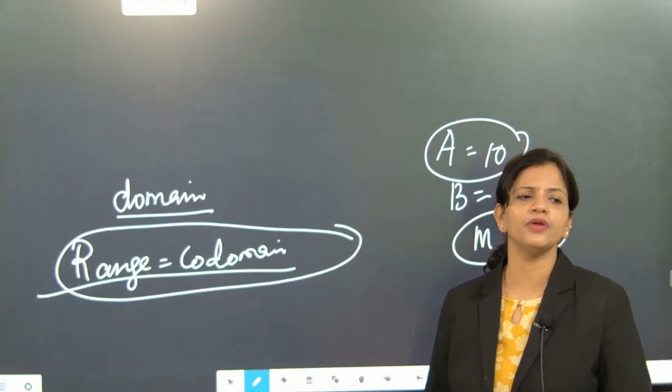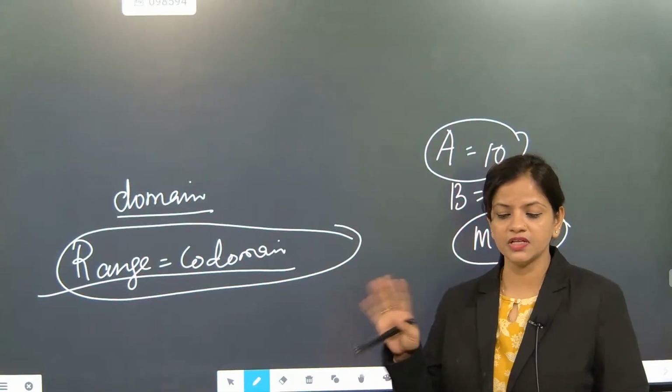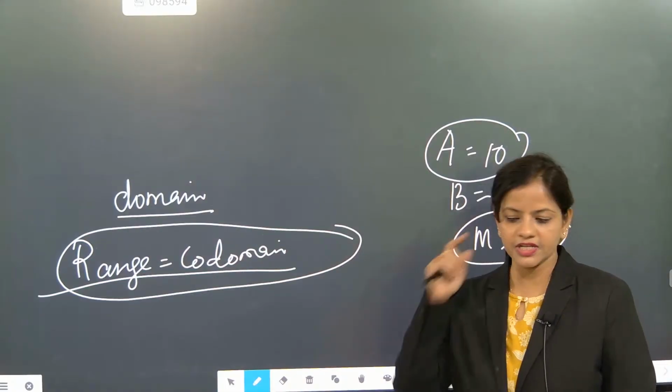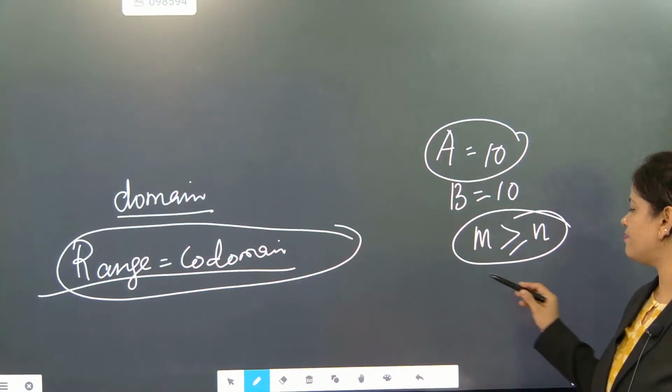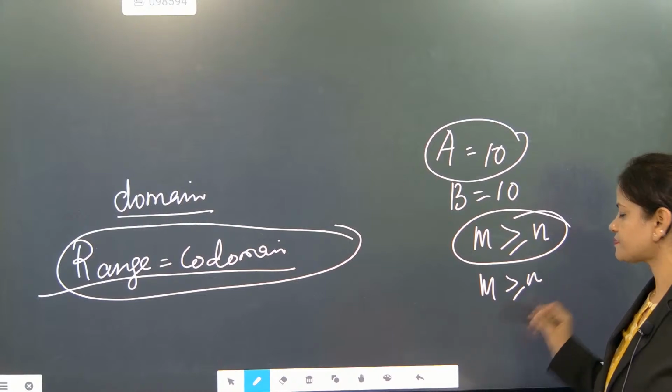Then only elements will be left; otherwise, elements will not be left. That's a very important point, you need to remember this. So here M is greater than or equal to N.